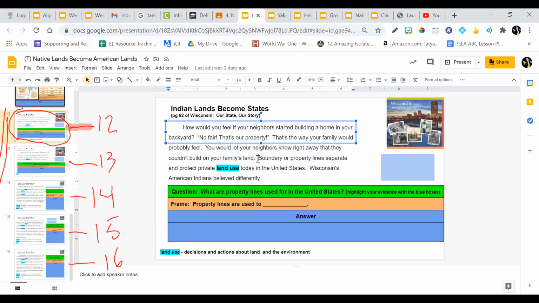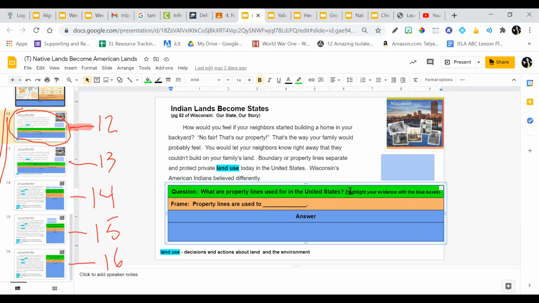So then it tells us boundary or property lines separate and protect private land use today in the United States. Wisconsin American Indians believed differently. Now here's what we need to do. It says, what are property lines used for in the United States?